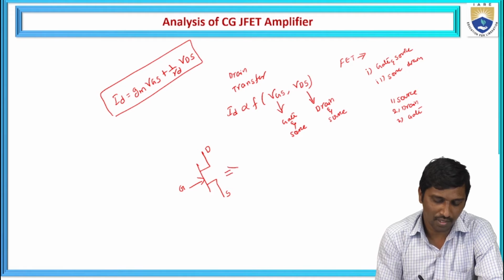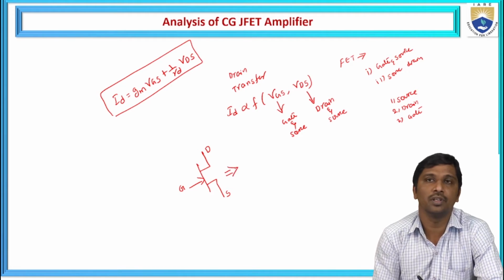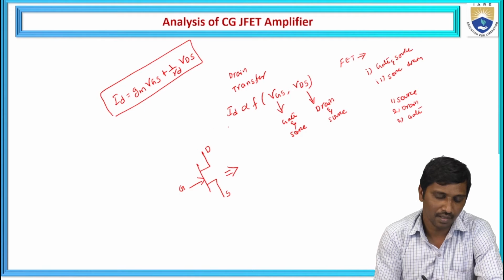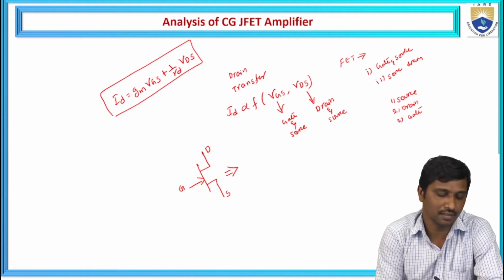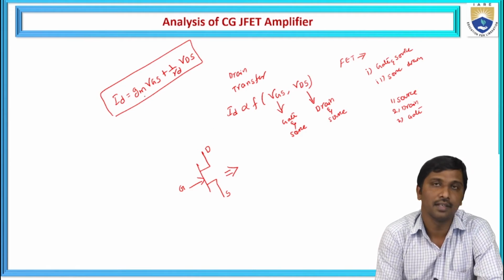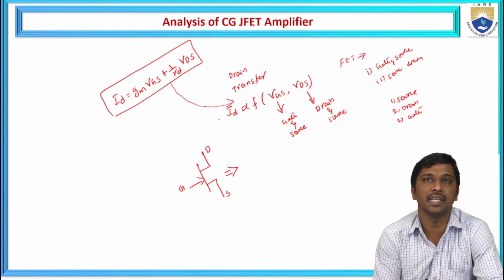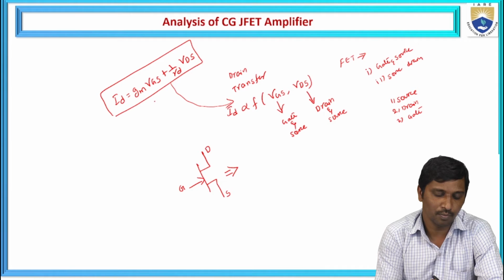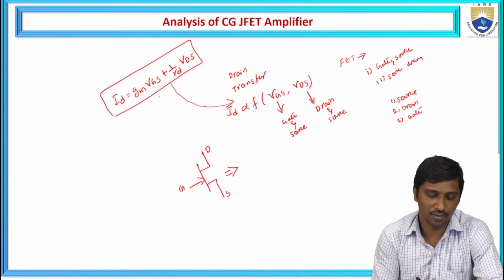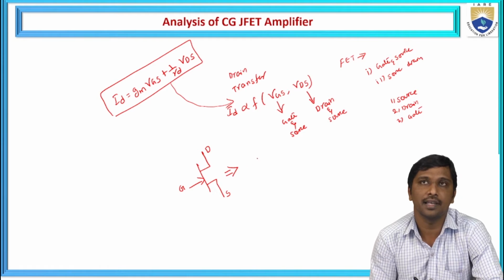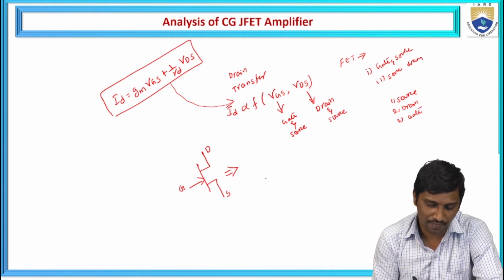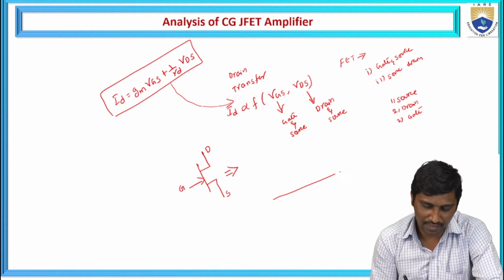This can be modeled into a two-port model or a small signal model by using this mathematical relation: gm times VGS plus 1 by rd times VDS. This is derived from these two characteristics with respect to Poisson's equations. By using this mathematical equation, we are going to model it into a two-port network or a small signal model.